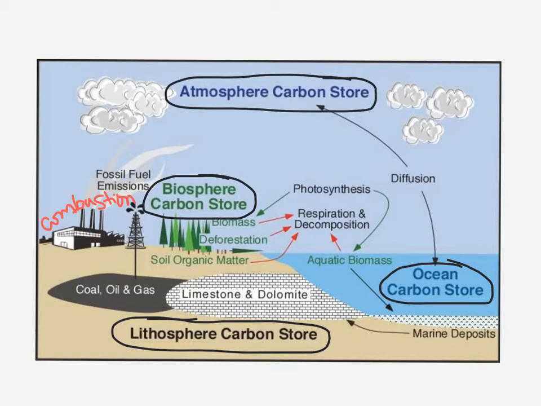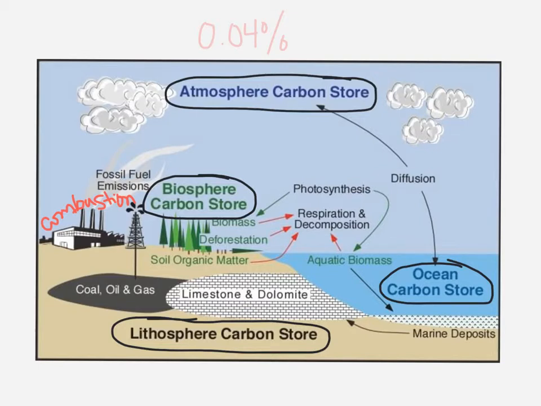So what is happening with all of that is we have actually increased the amount of carbon dioxide in the atmosphere. So now in the highest points in the year, it's over 400 parts per million, which means that the atmosphere is now about 0.04% carbon dioxide.